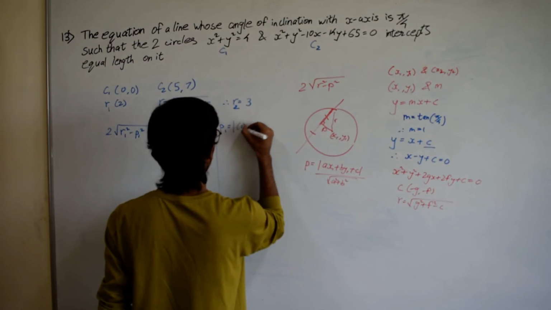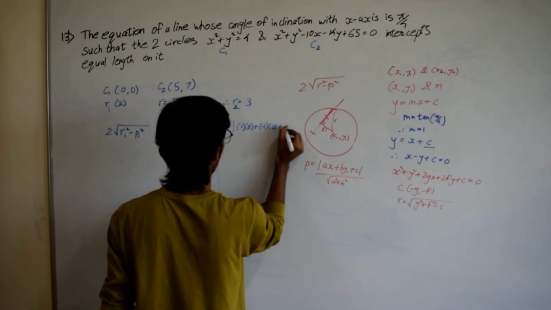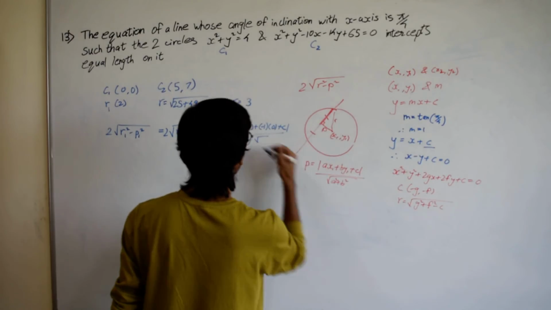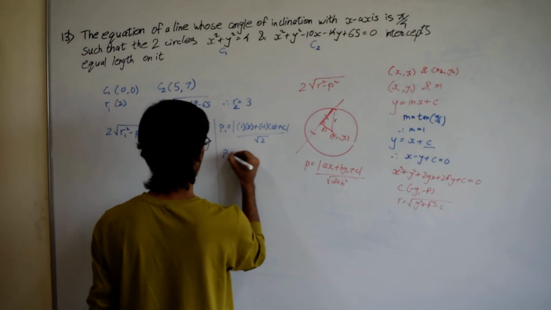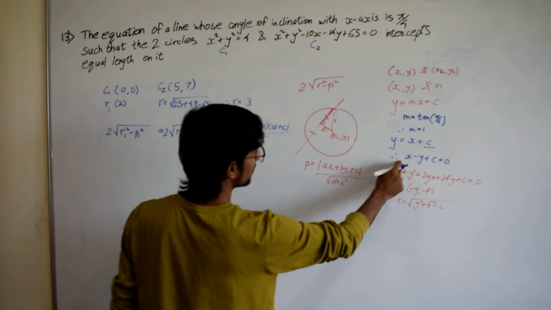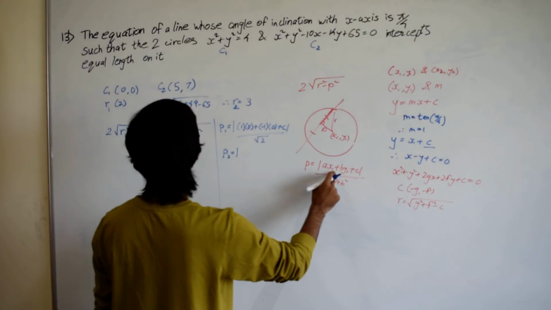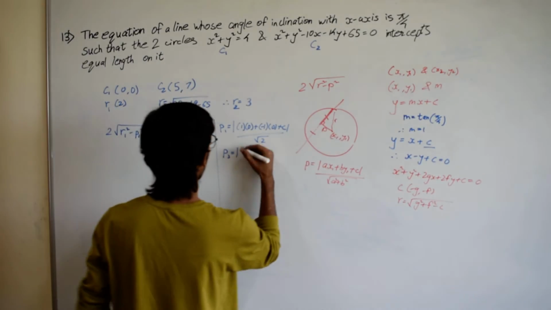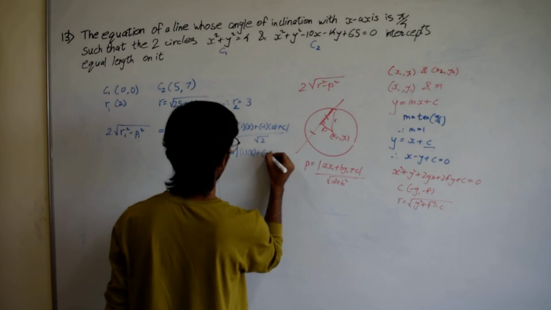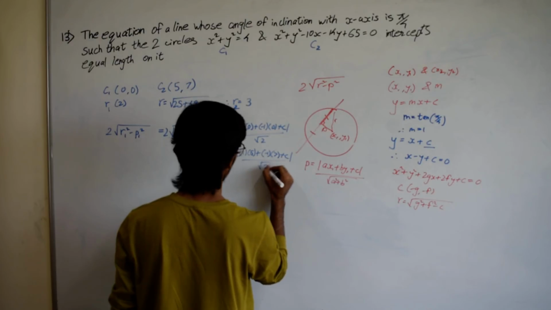So it gives 1 into 0 minus 1 into 0 plus c, whole mod, upon root a square plus b square, which is root of 1 plus 1, that is root 2. p2 is given by mod of a is 1, b is minus 1, c is c, and the center point is 5, 7. So it gives 1 into 5 plus minus 1 into 7 plus c, whole mod, by root 2.